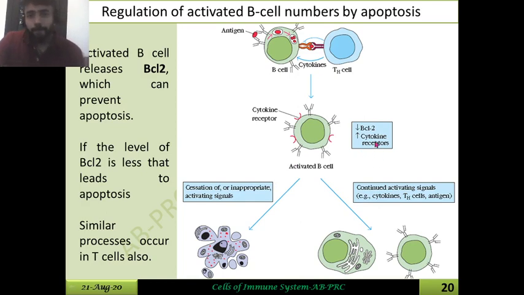So normally when the activated B cells come out of the system, the concentration of BCL2 will be decreasing, and automatically the cell will have a tendency to undergo cell death. But when there is a continuation signal, when there are certain additional signals like additional cytokines, T helper cells, or the antigens, these are collectively called continued activating signals.